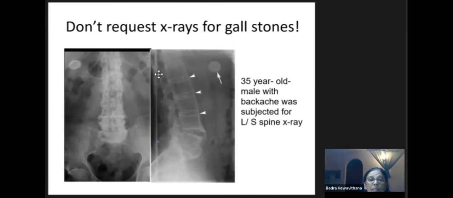Renal stones are projected over the spine, whereas gallstones are anterior. That's a fact I wanted to show you. And this is a gallbladder calculus in a patient with ankylosing spondylitis. AS is ankylosing spondylitis.